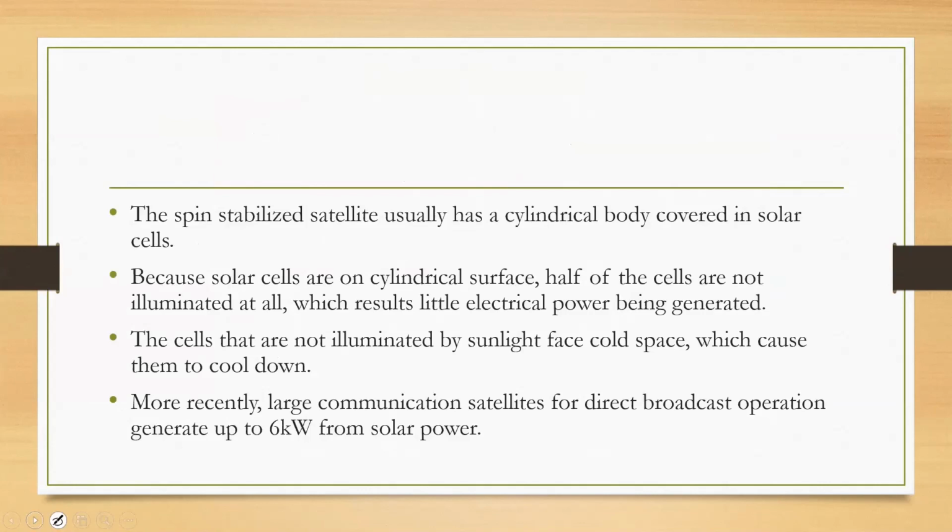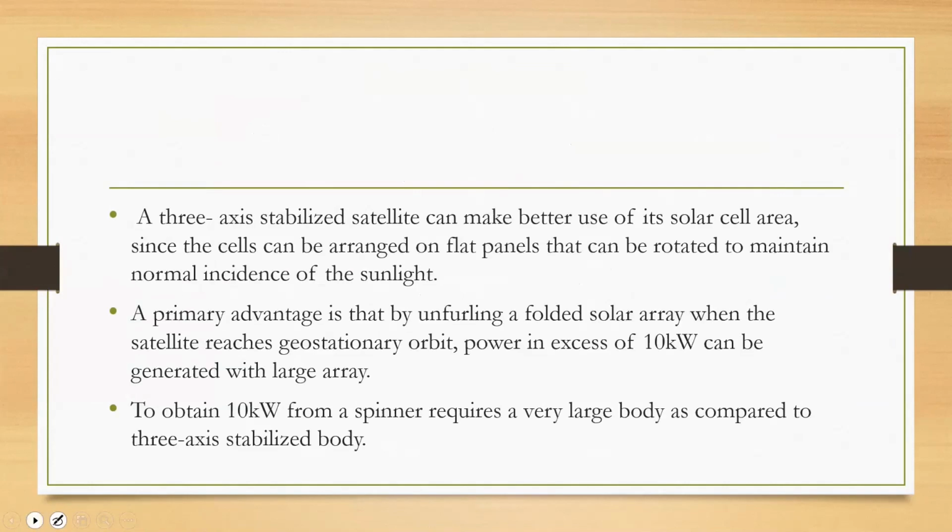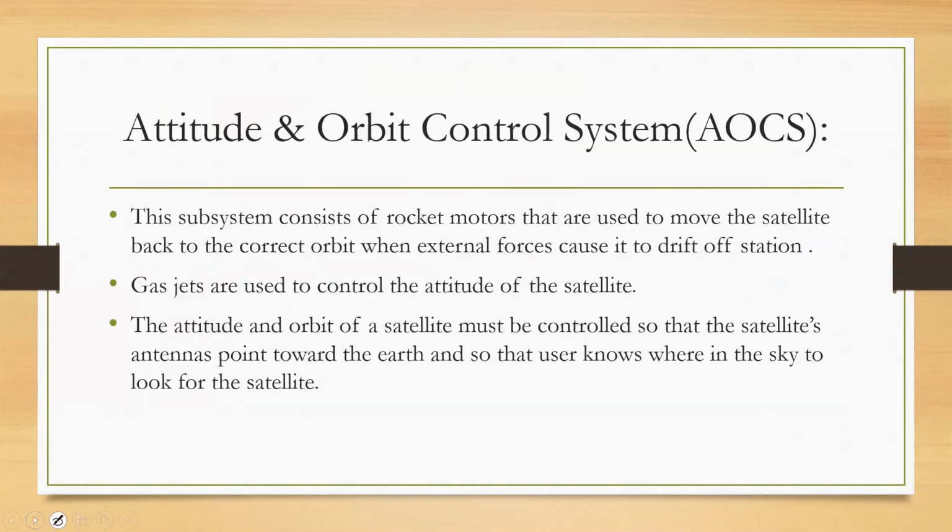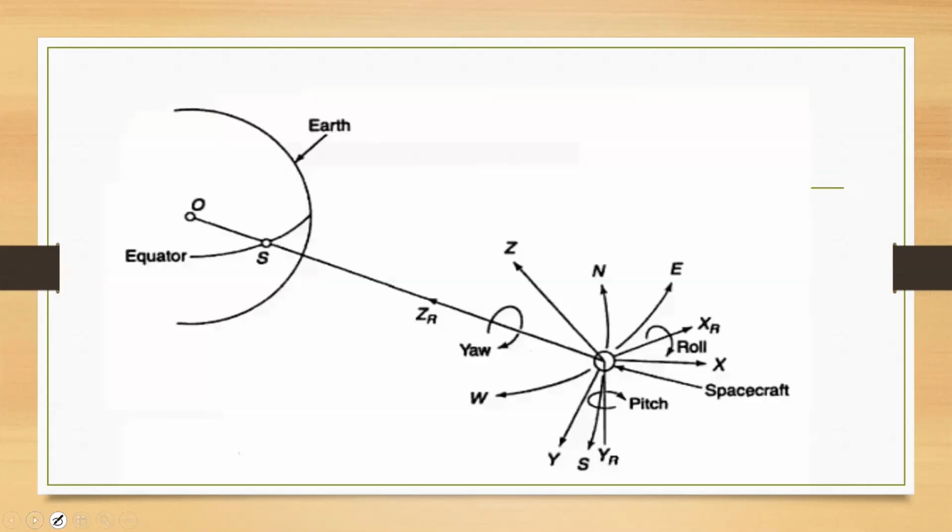There are two types of satellites: a cylindrical satellite and a non-cylindrical satellite. We need to stabilize these satellites in the orbit. That is done through an attitude and orbit control system. There are two types of stabilization: 3-axis stabilization and spin stabilization. For a cylindrical satellite, you need spin stabilization, where the satellite is spinning on its axis while revolving around the earth.